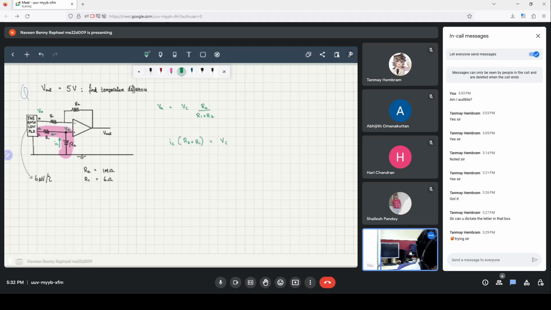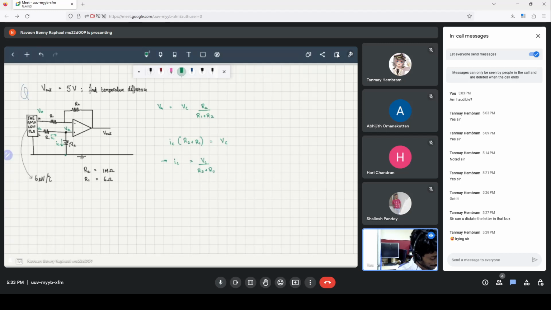I have written the directions wrong. So naturally VC is greater than 0, and therefore the current will flow from VC down. So with this we can solve for IC. IC is therefore VC by R2 plus R1.